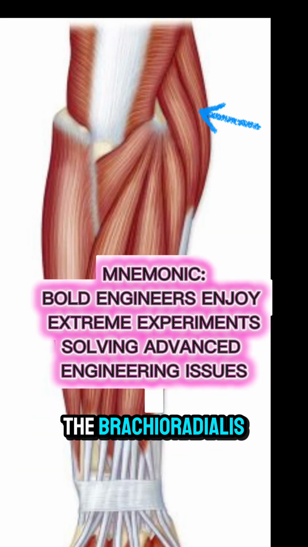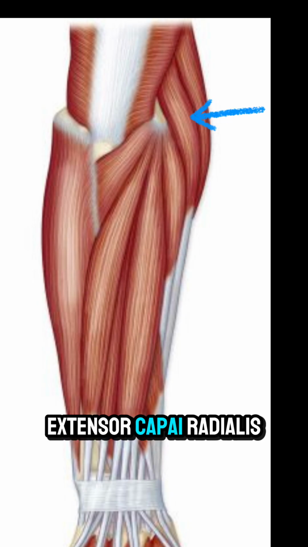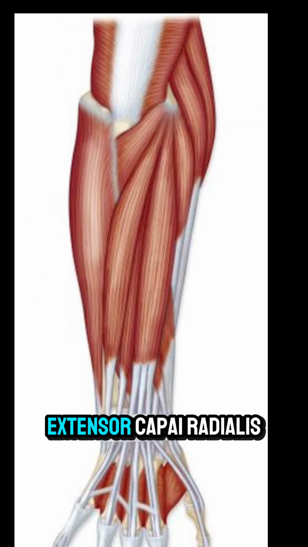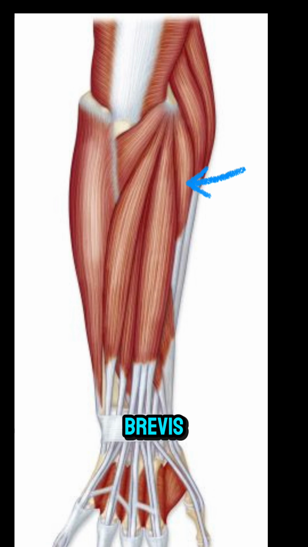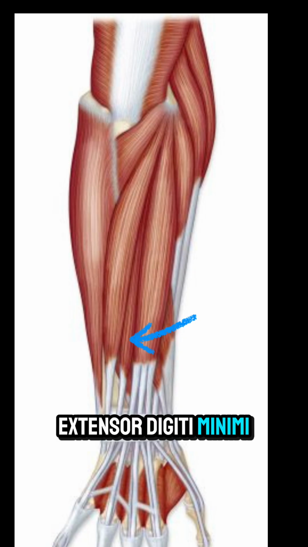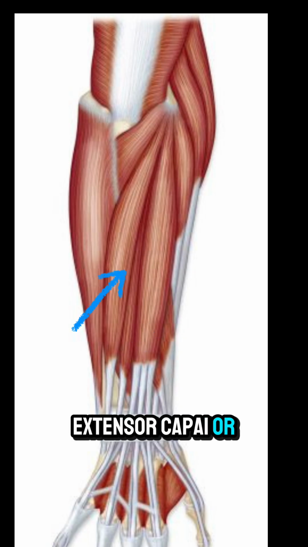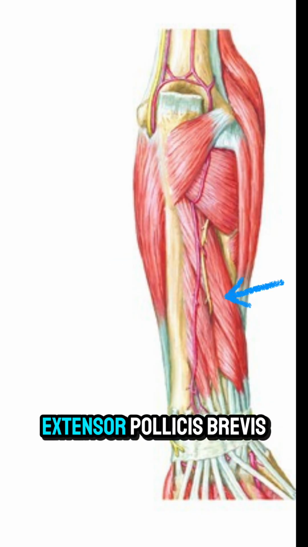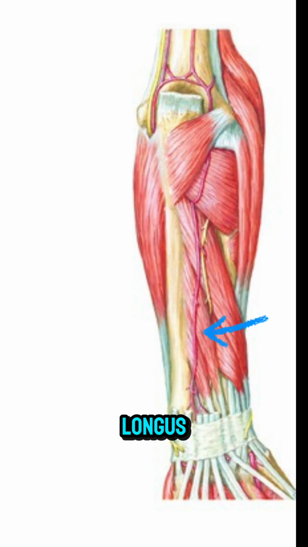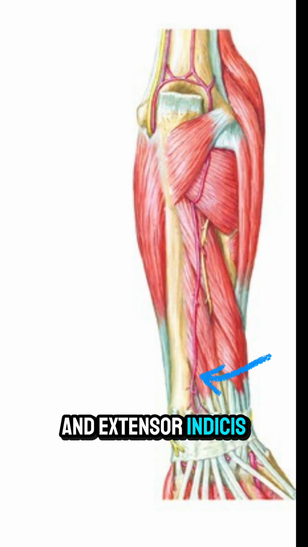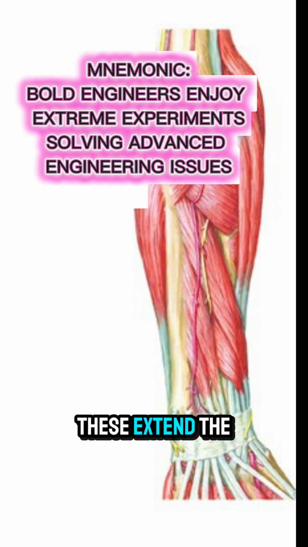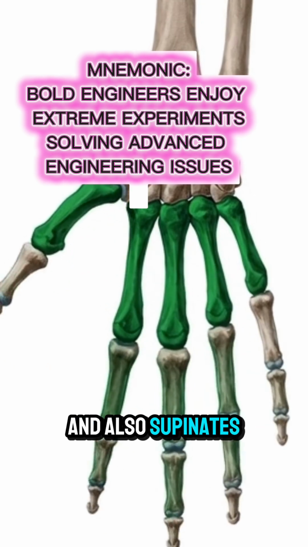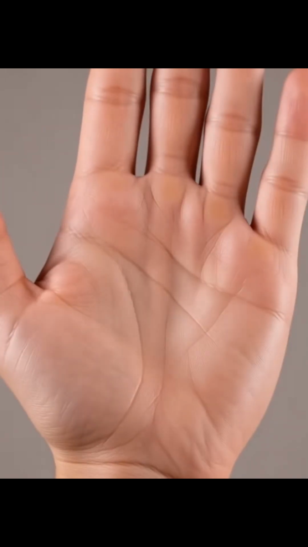This group contains the brachioradialis, extensor carpi radialis longus, extensor carpi radialis brevis, extensor digitorum, extensor digiti minimi, extensor carpi ulnaris, supinator, abductor pollicis longus, extensor pollicis brevis, extensor pollicis longus, and extensor indicis. These extend the wrist and fingers and also supinate the forearm.